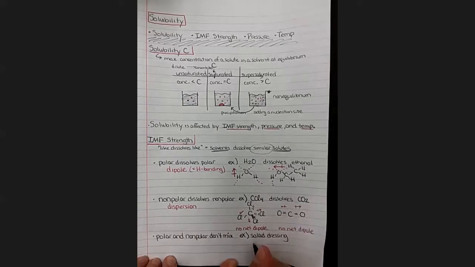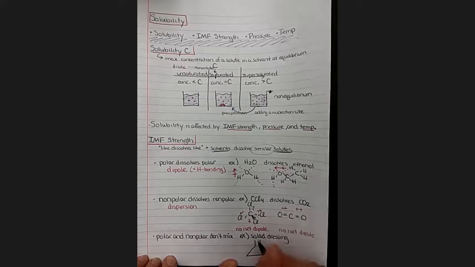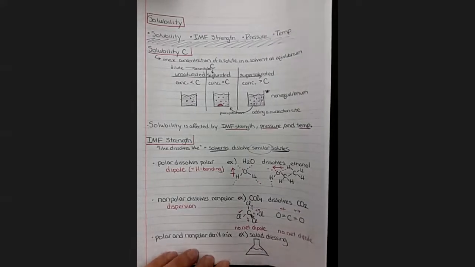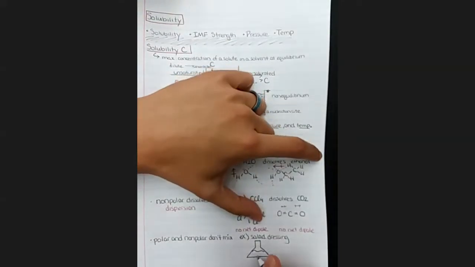We'll draw a slightly fancier container because, of course, this is salad dressing and not just water in the laboratory. So a common salad dressing is an oil and vinegar dressing. And you notice that when it's sitting in the container, it often separates into 2 layers, kind of yucky looking, but still tastes good. We persevere. So our bottom layer, that's going to be the brown one in the salad dressing.